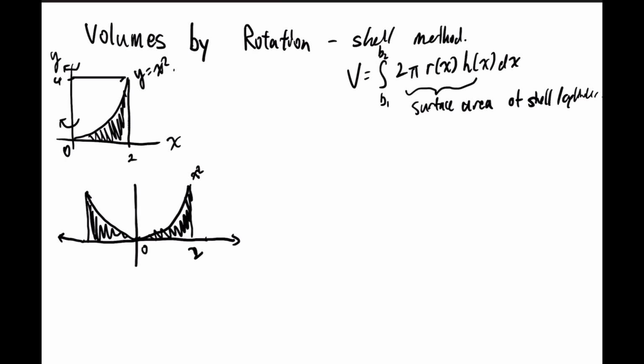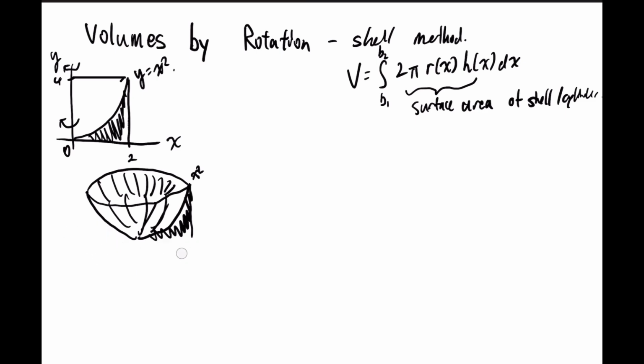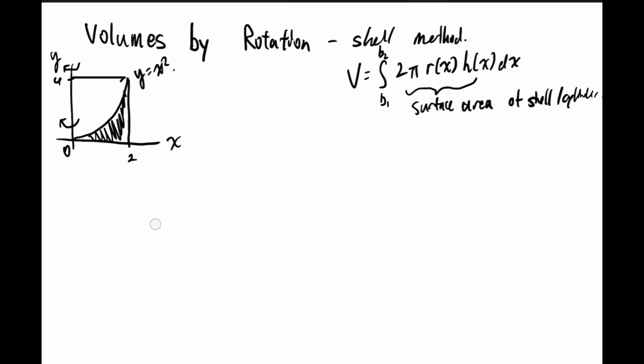You might imagine the top will be a circle, the bottom will also be a circle. So it'll kind of look like almost a bowl shape. These sides will slope down to the middle right there. With that in mind, let's see how we can find the volume of this shape.